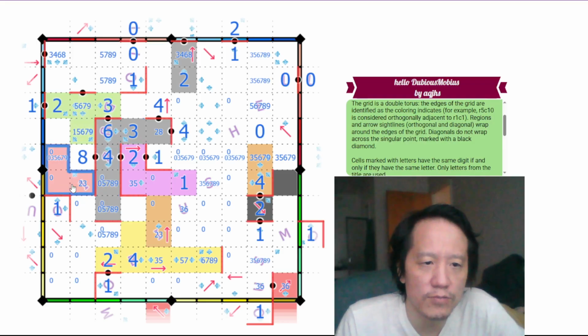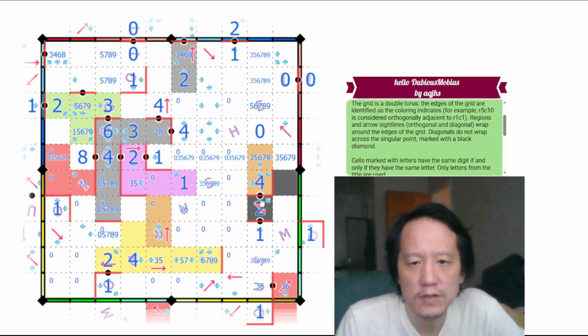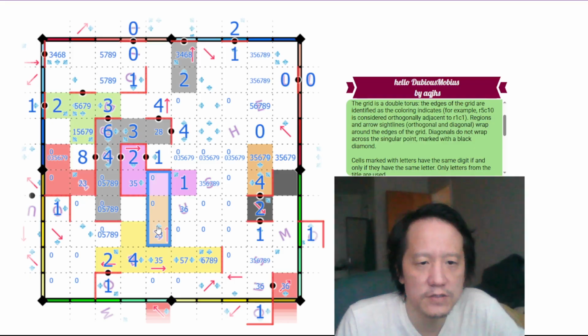The green and the red still could be the same region. The pink is not the same region as the gray. It's because of the 2-4 pair split there. So this must go that way. These still could be the same region.